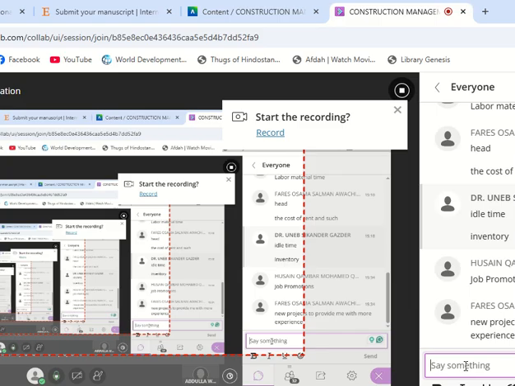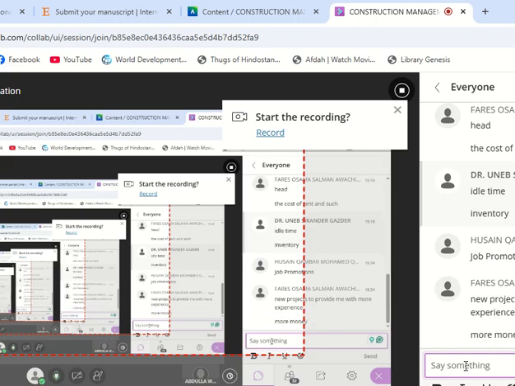Both these points come under professional satisfaction. Anybody else? Yeah. More money?